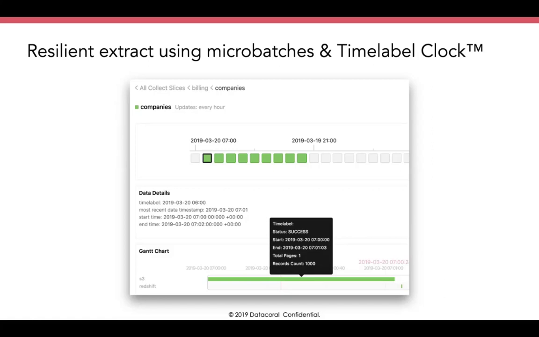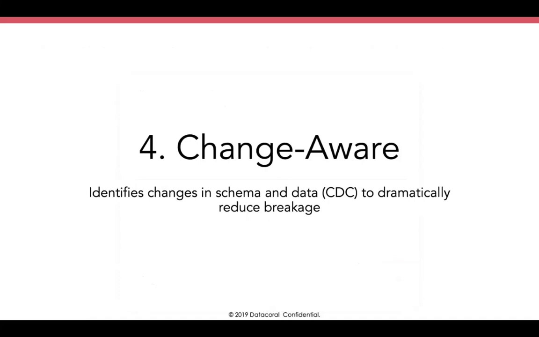That's correct. Right. Okay, so number 4 we're going to talk about real quick is change awareness. And this is the ability for us to recognize changes in the schema of that DAG and each member of the DAG as it's coming forward, as well as supporting change data capture inside the data records themselves.